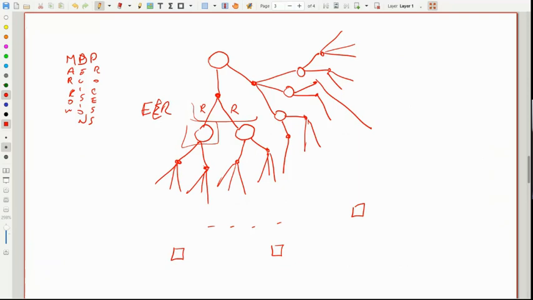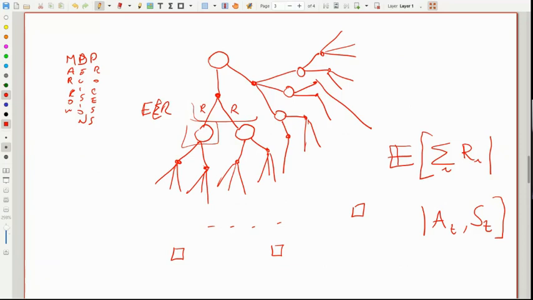Now, two ingredients we need here in order to go on. First, I told you before that when I consider the expected value of the sum of the rewards, given that I was starting from a certain action A_t and a certain state s_t at a certain time t in my trajectory, this is a random variable, right?